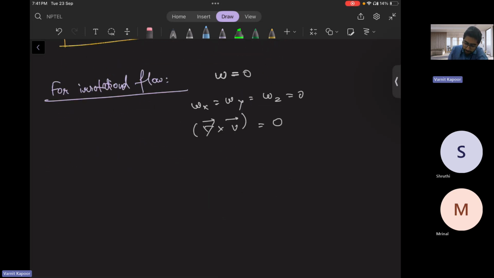So let me write. The topic is circulation, and it is represented through this symbol.